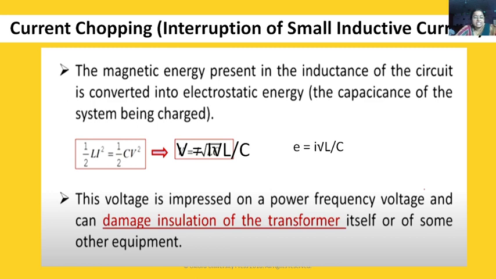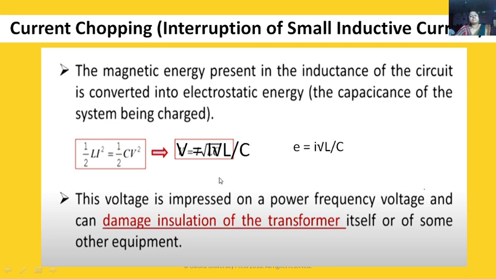This magnetic energy, 1/2 L i squared, is converted into 1/2 C V squared, the capacitance of the system being charged. If you calculate this, you will get E equal to i times the square root of L by C. Here i is the peak value of the no load current.